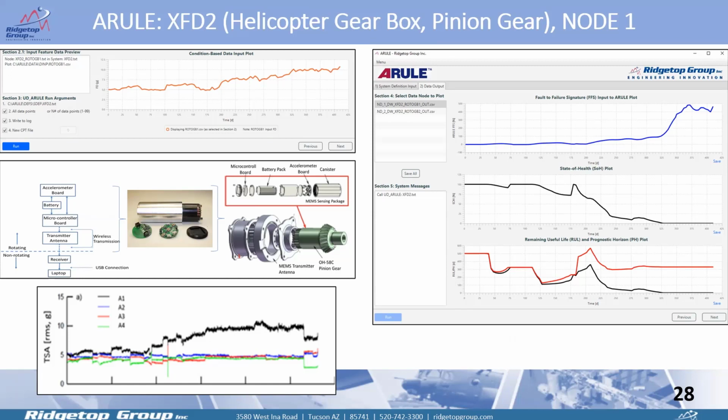The top blue line is the time sequence average data, the black line is the state of health, and the red and black line on the very bottom is prognostic rising and remaining useful life. And you say, well, that looks sort of noisy, but that actually represents what actually happened, because it was taking so long for the gear to fail that we stopped the experiment, took the gear out, and damaged it by filing.